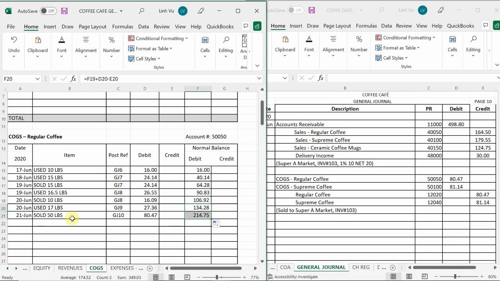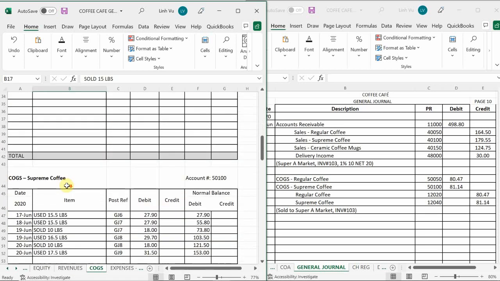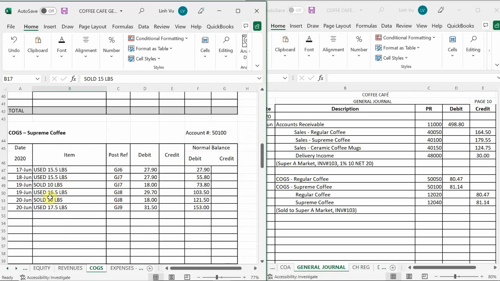Okay, good. So then we also sold, right? So in this case, cost of goods sold, we end up selling 45 pounds, which increased our account by $81.14.